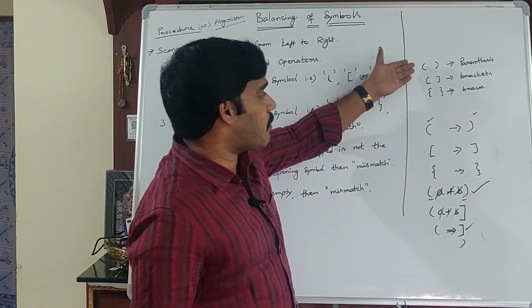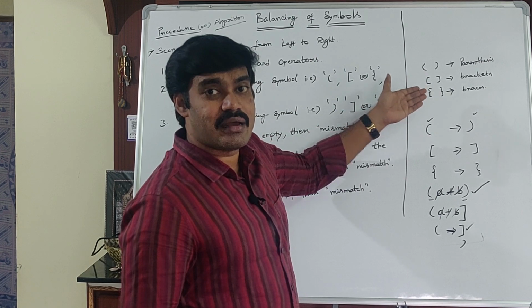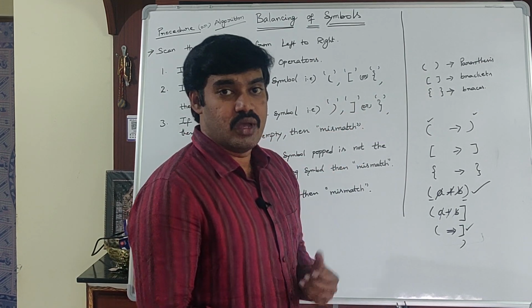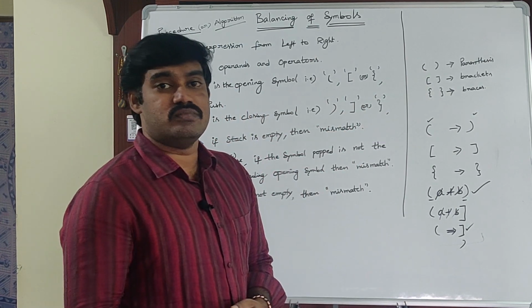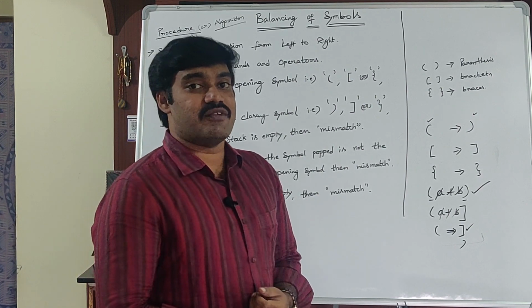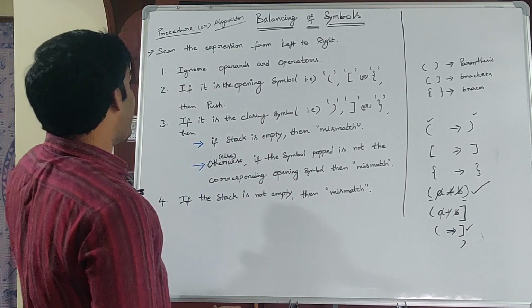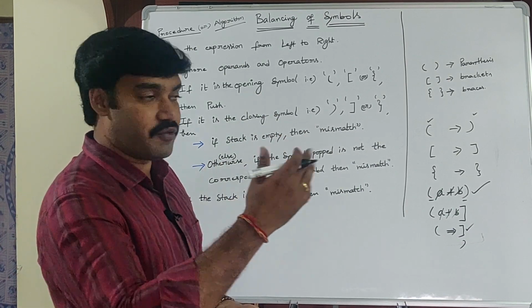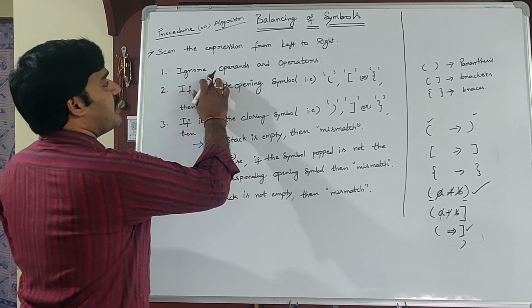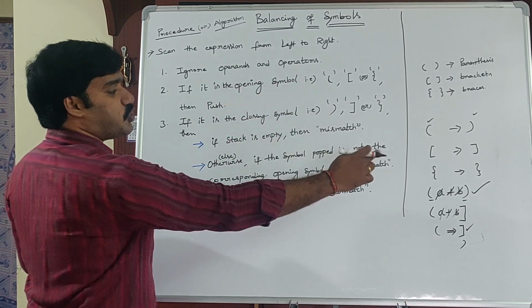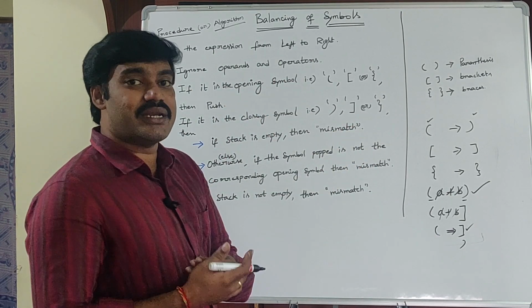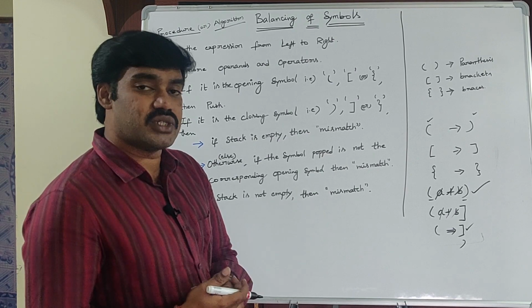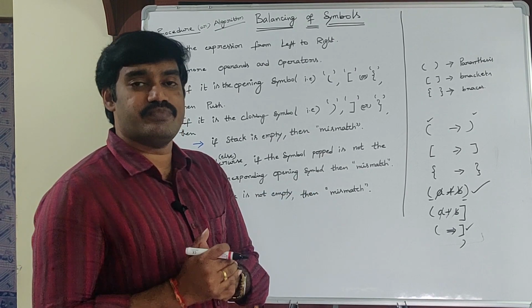Here the symbols are either parentheses, brackets or braces. Now the procedure or algorithm to check for balancing of symbols is: scan the expression, your infix expression, from left to right. The first one is ignore operands and operators in your expression. If there are any operands or any operators in your expression, just ignore them.